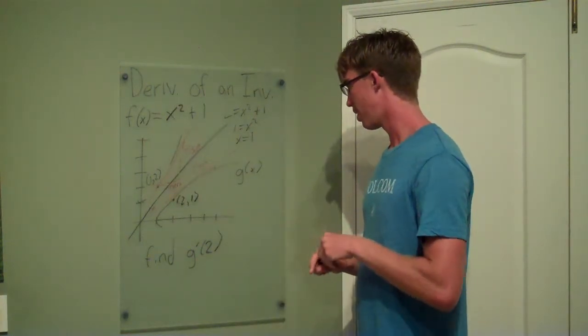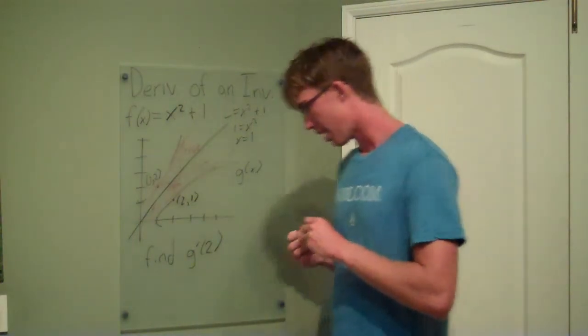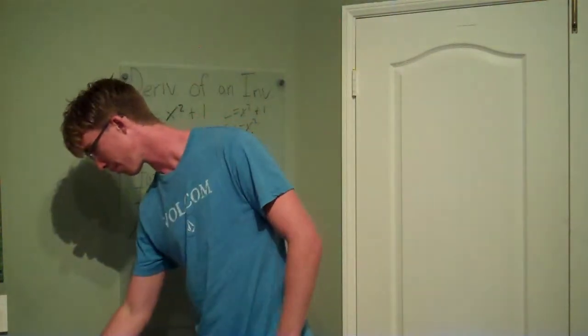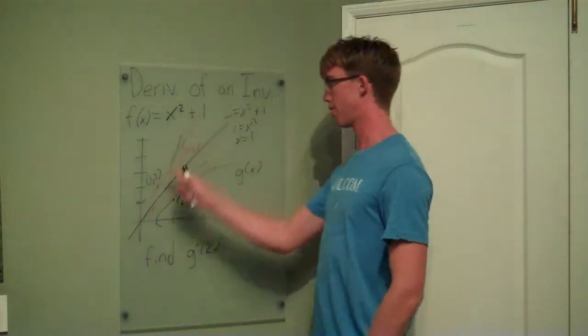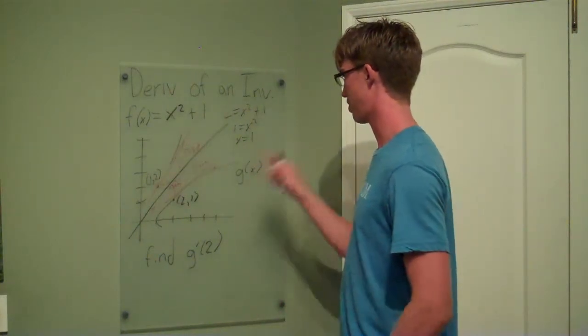And so, all you have to do to find the derivative of g at your point of interest is to find the derivative of f at the corresponding point of interest and take its reciprocal.